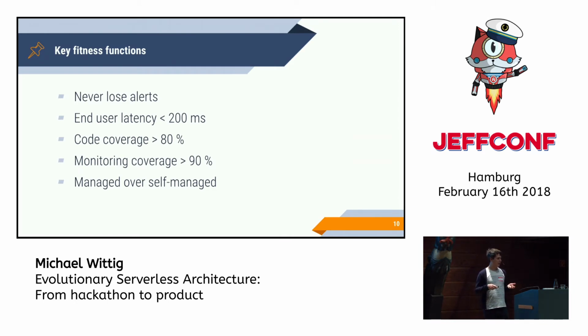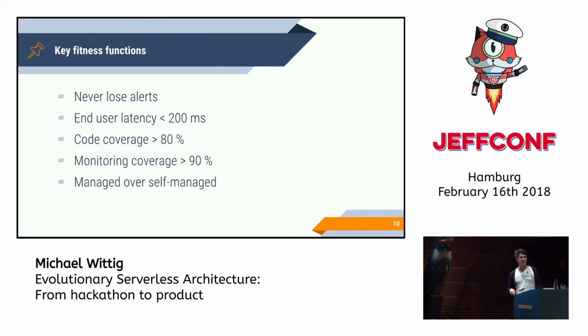Another fitness function that we use, and that's very easy to track automatically, is that our code coverage should be above 80%. That's also a fitness function that you can use. As we also heard after lunch, you should monitor all the things on AWS with, for example, CloudWatch alarms. So our monitoring coverage should be above 90%.